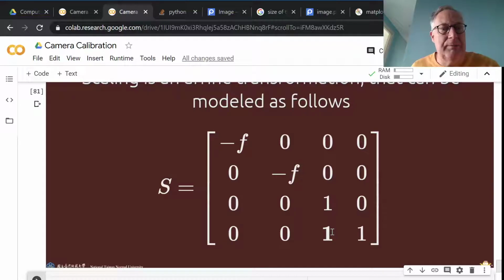Because then what will happen? If I multiply the last row, I'll get 0 multiplied by x, plus 0 multiplied by y, plus 1 multiplied by z.